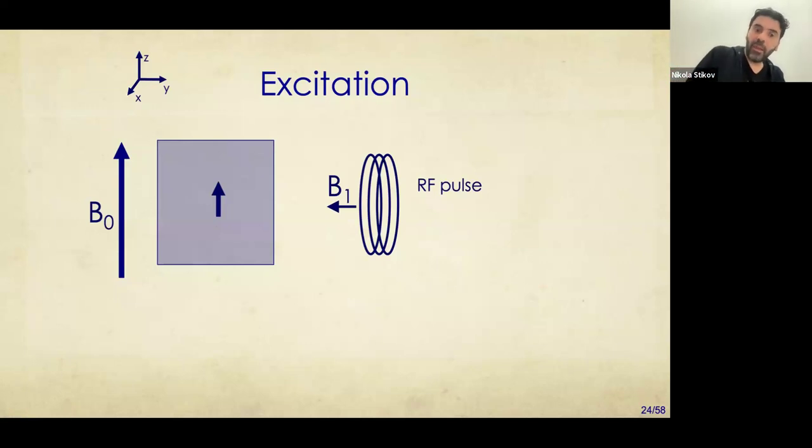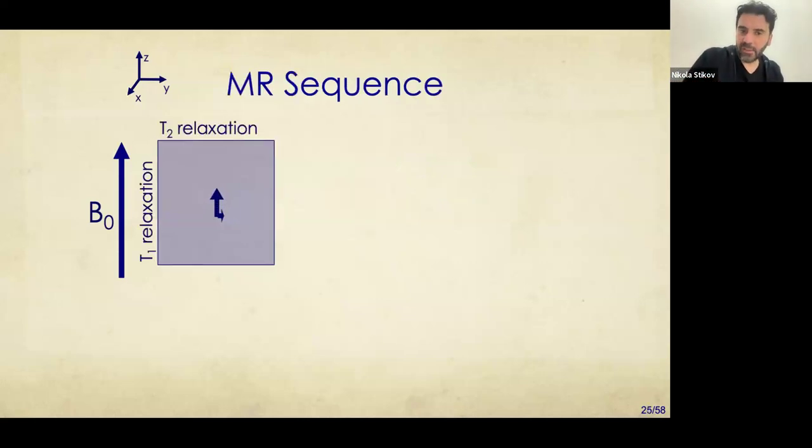What does that do? It takes the magnetization and it tips it into the transverse plane. So we used to be parallel with the B0 field, and now we are going in the transverse plane. Now we're perpendicular to the B0. And if we turn off this pulse, the magnetization will return to normal.